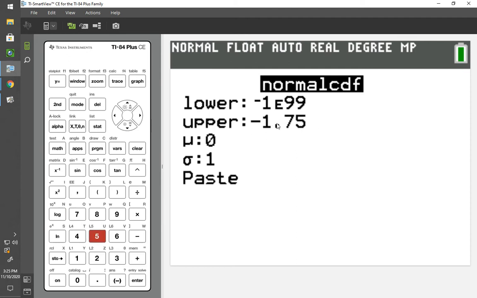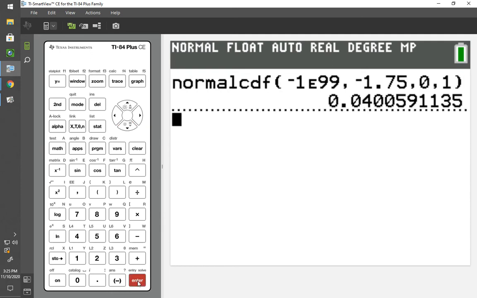I just messed that up, one second to backspace. Negative 1.75. I'll tell you why I'm using a negative 1.75 in one second. And then I know that I'm, again, on a 0 and a 1. I'm going to show you what happens. So I get this 0.04 thing.